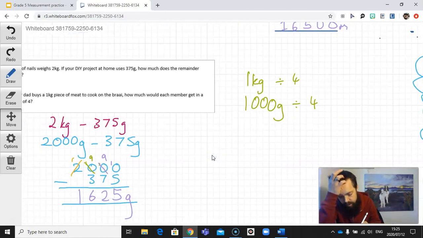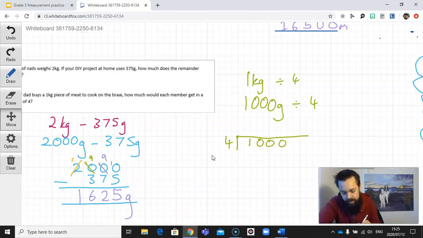All right, so that's a short division problem. We make our bus stop. We ask ourselves, how many times does 4 go into 1? It doesn't, so we carry the 1 there. We now ask ourselves, how many times does 4 go into 10? And the answer is 4, 8. That's twice. But we haven't used all of it. We still have 2 left over, which we take to the neighbor. We ask ourselves, how many times does 4 go into 20?